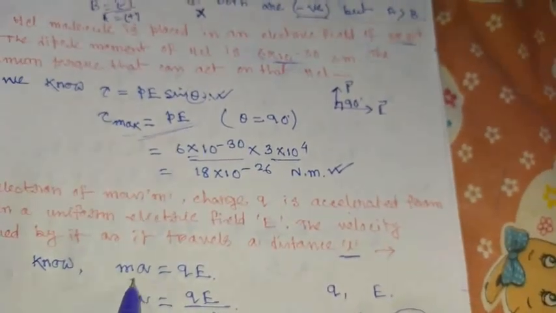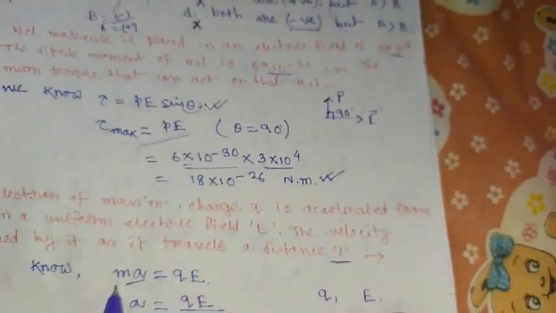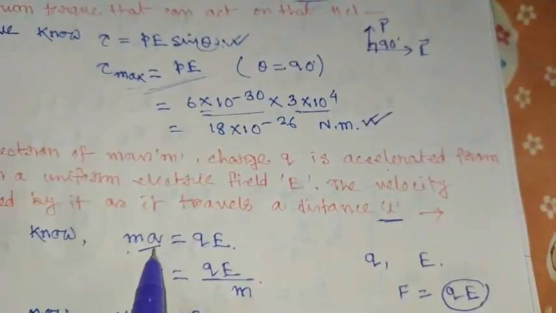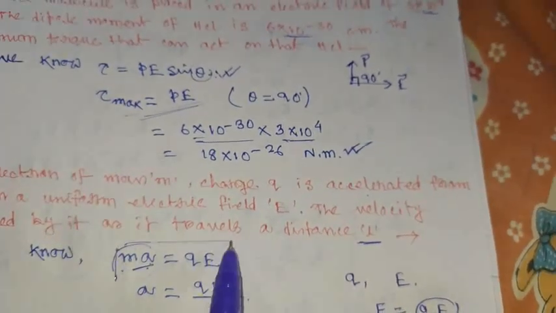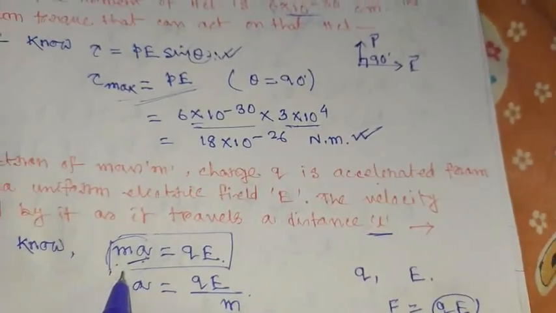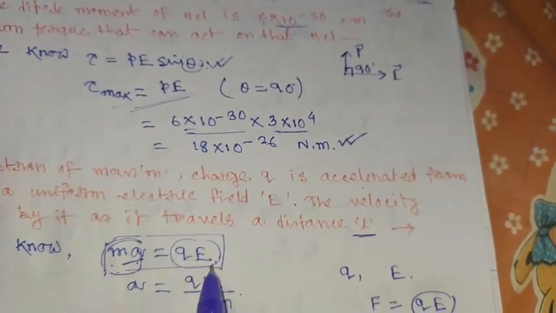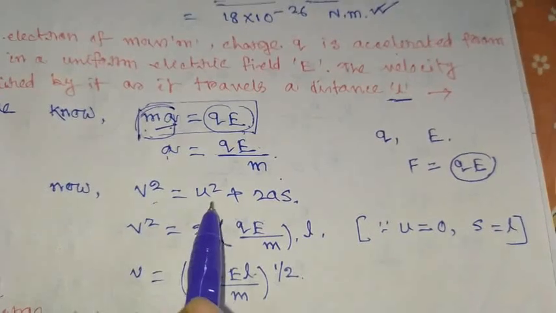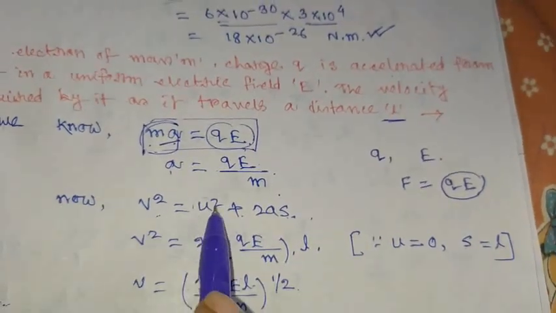According to Newton's law, when a body of mass m is accelerated with acceleration a, the force is ma. Now we can say these two forces are equal, because one force is produced by the other. Acceleration a is qE by m, and we know the relation v square equals u square plus 2as, where u is the initial velocity.